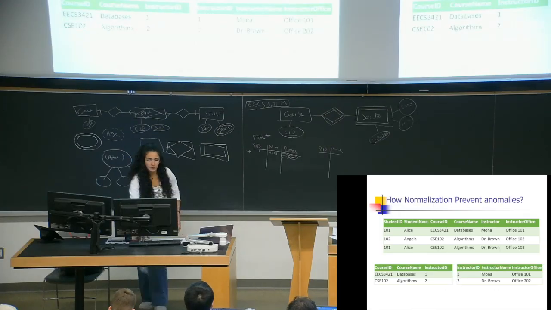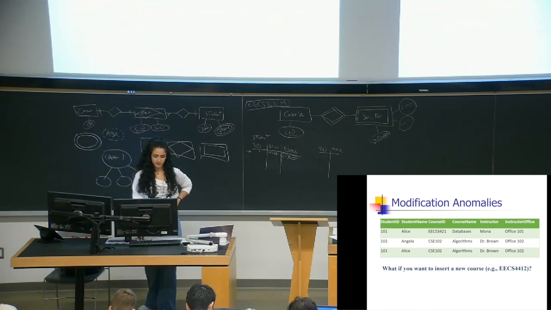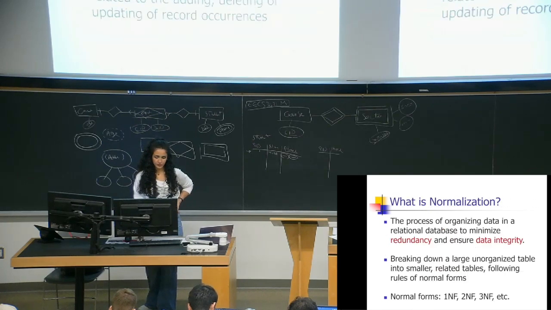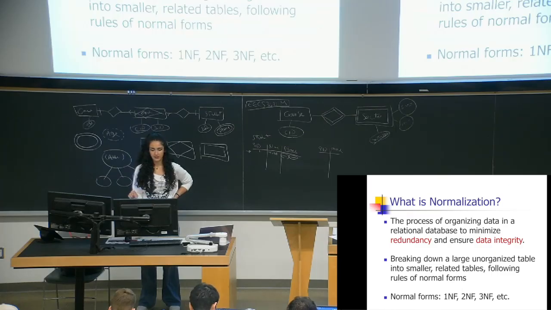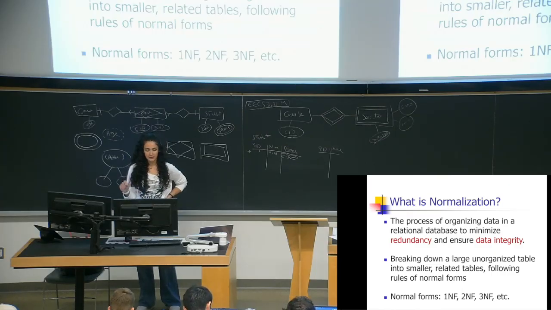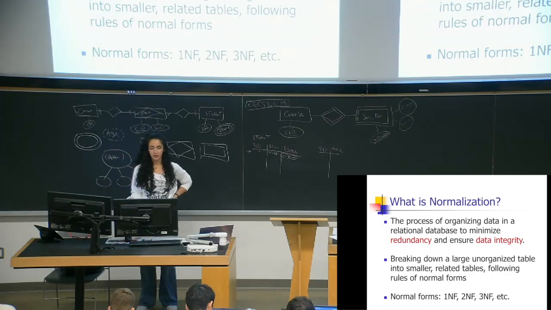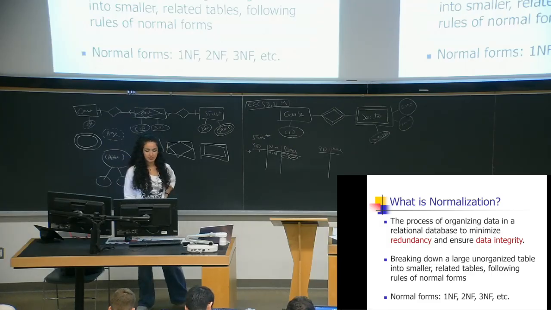Now, back to the first slide. I told you normalization is the process of organizing data in a relational database to minimize redundancy and ensure data integrity, or breaking down a large unorganized table into smaller related tables following rules of normal forms.